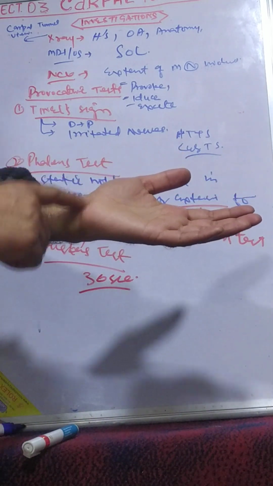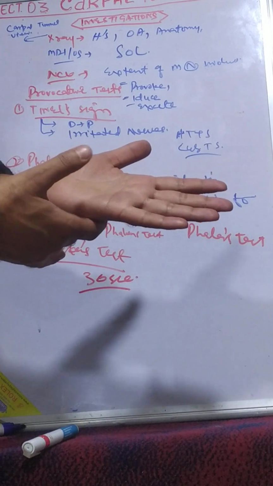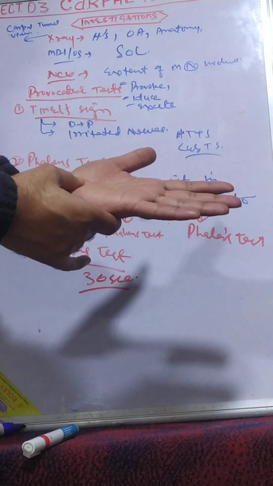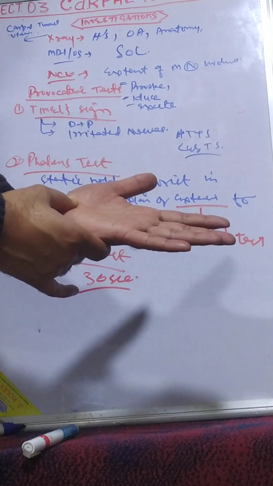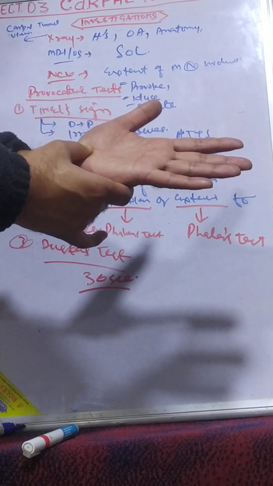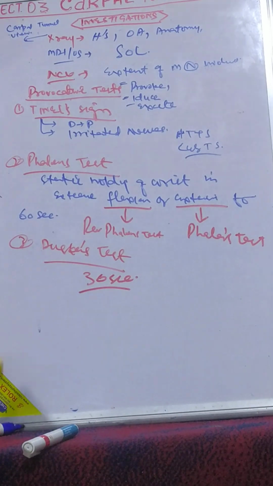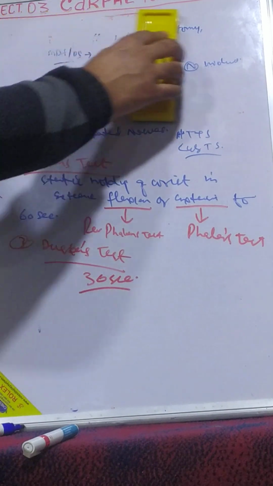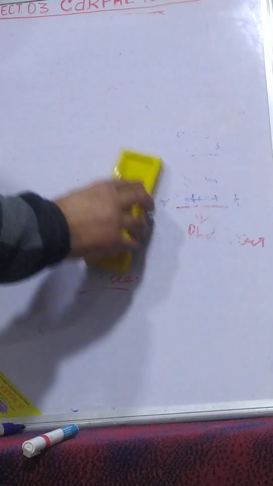You just hold the wrist this way and compress here at the carpal tunnel for 30 seconds. The onset of symptoms within 30 seconds means the Durkan's test is positive. These were the provocative tests. Durkan's test is also called the manual carpal tunnel compression test.